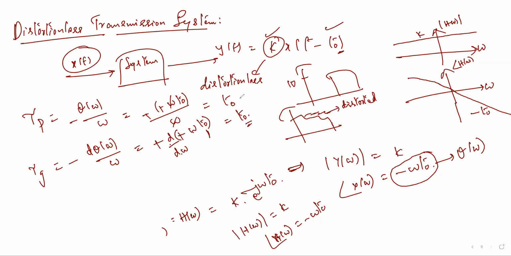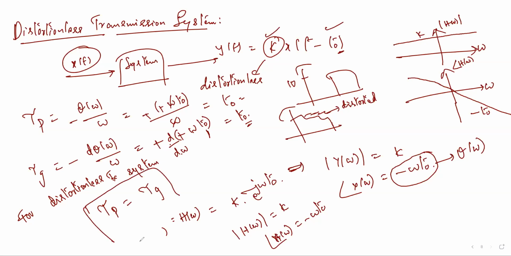So t naught. So for a distortionless transmission system, phase delay should be equal to group delay. That's the conclusion.